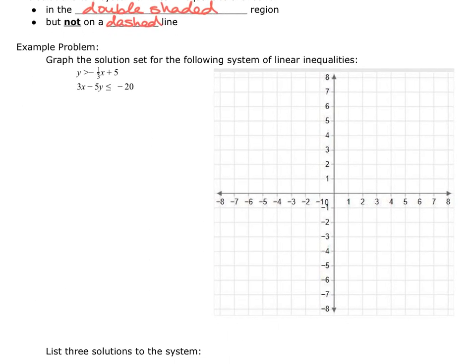Now, if we wanted to do this example problem, to graph the line, we would need a slope and a y-intercept for the first one. Here's a slope and here's the y-intercept. Based on that symbol, I know that this is going to be a dashed line shaded above. So I'd begin at 5.